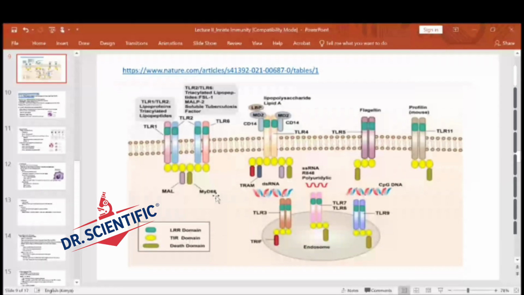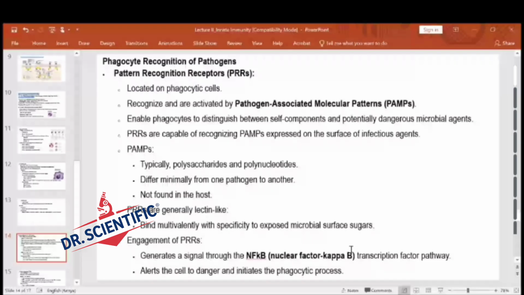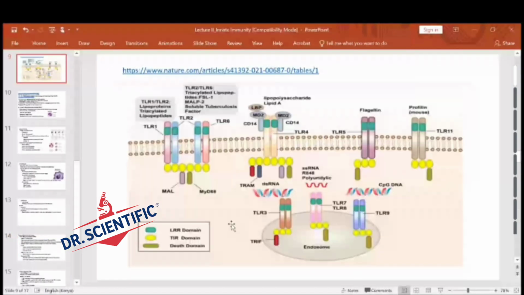So what we are simply saying here is that for phagocytosis to occur, the signal has to go through nuclear factor kappa B. If the signal doesn't go through nuclear factor kappa B, then phagocytosis will not occur. For instance, if this MyD88 was to link to cyclic AMP, it means that this cell, if it is a neutrophil, is going to attract another neutrophil to the site.